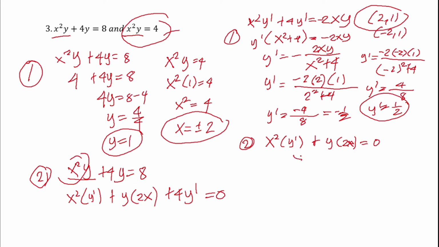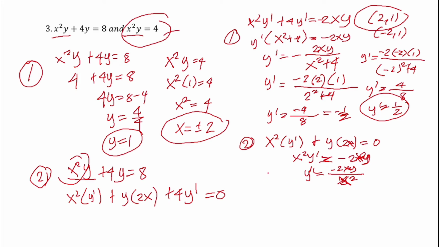So we have x squared y prime is equal to negative 2xy. Right, this is negative 2xy. So y prime is equal to negative 2xy over x squared. Okay, so this is our y prime.